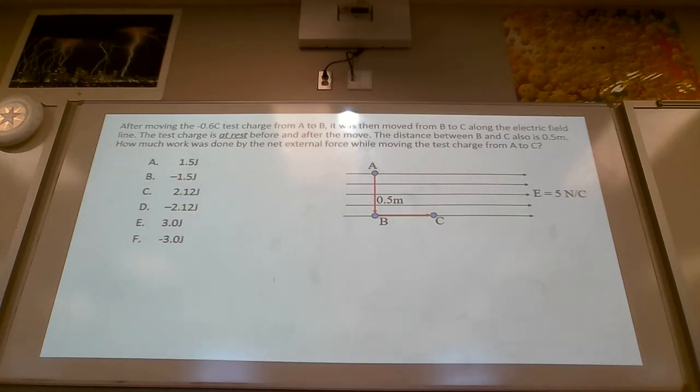No. It is going against the way it wants to go, which means the field is doing positive work.